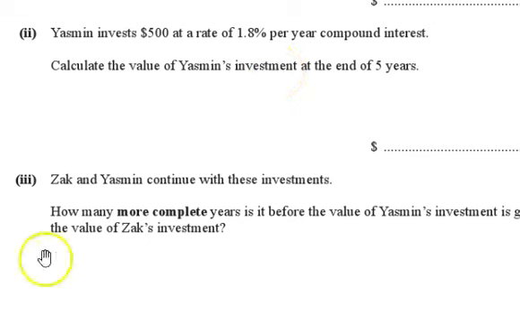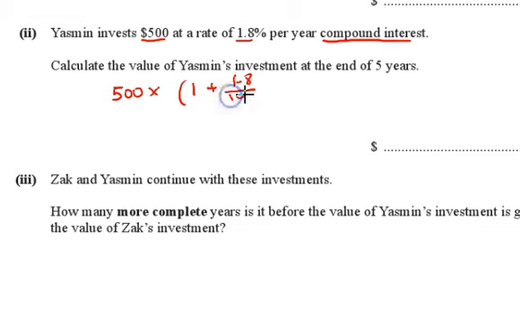Here we have 500 at the rate of 1.8%, but this is a compound interest, so we can use this formula: 500 multiplied by (1 plus 1.8 over 100) to the power of 5.